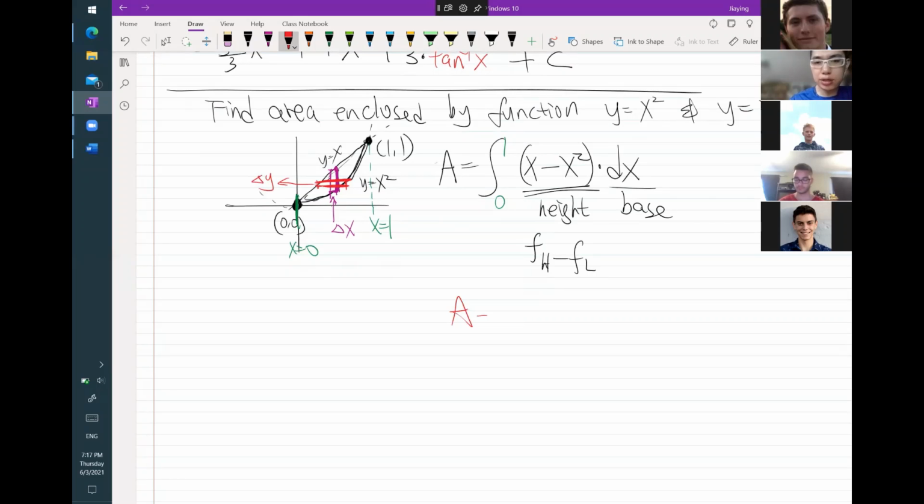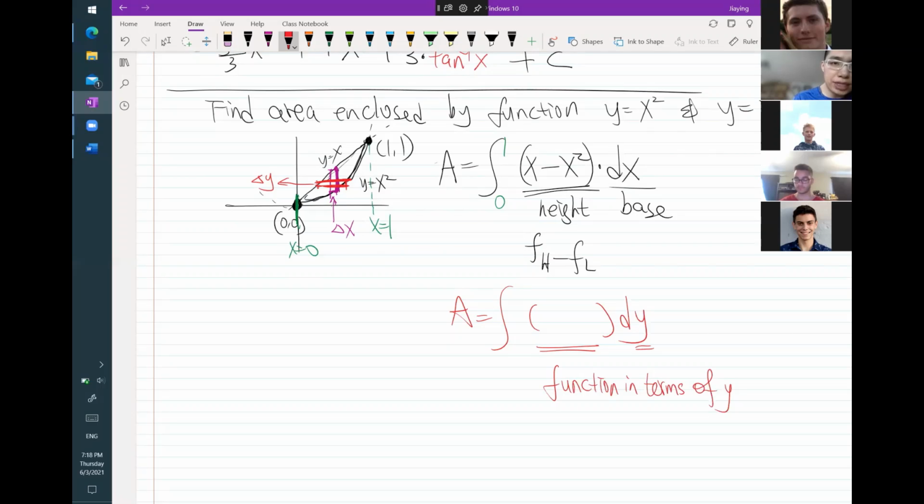So the area is equal to some integral of some function for the base of the rectangle, because the height of the rectangle is delta y, so dy. This part has to be a function in terms of y, because we have a dy there.